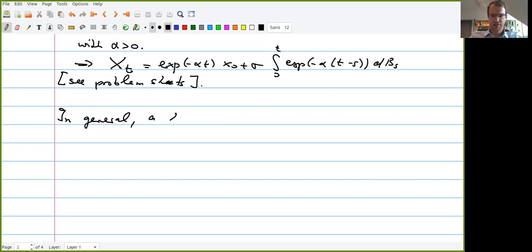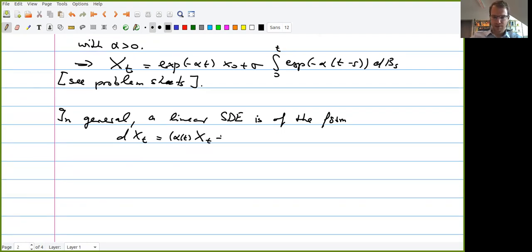So in general, a linear SDE is of the form: dX is given by alpha, a function in time, times X_t plus beta_t dt.